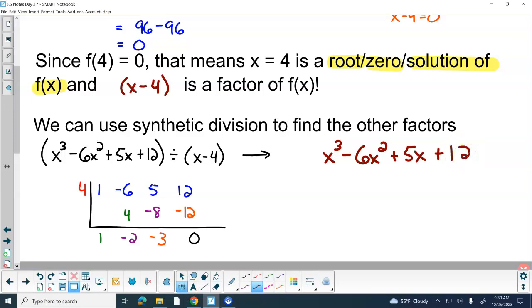Then we're saying that x minus 4 is a factor, which also leaves me with the other factor of x squared minus 2x minus 3.